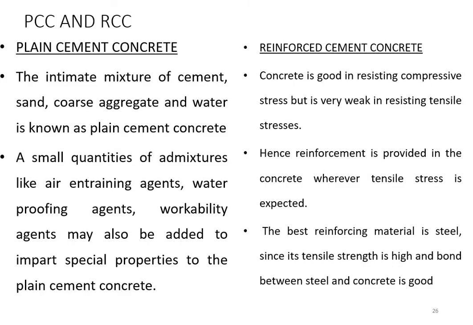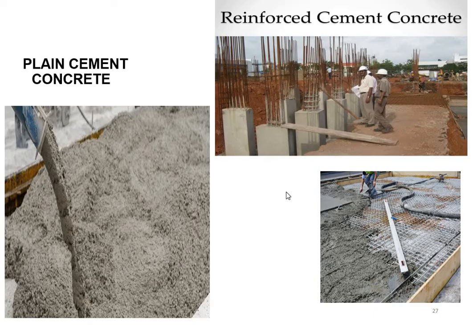Now you will have to learn a major difference between plain cement concrete and reinforced cement concrete. If the mixture is just cement, sand, aggregates and water, then it is known as plain cement concrete. Whereas if you are using reinforcement, which is nothing but steel, then it is known as reinforced cement concrete. Okay.